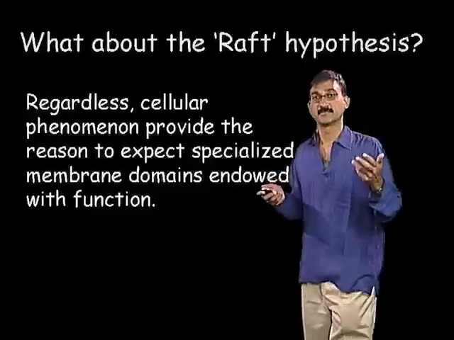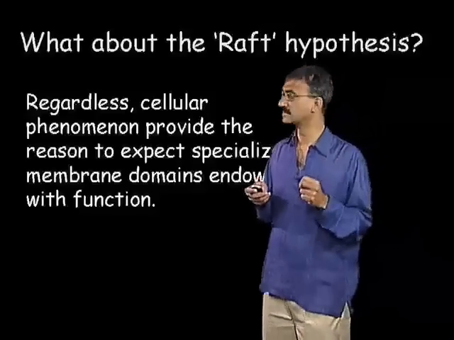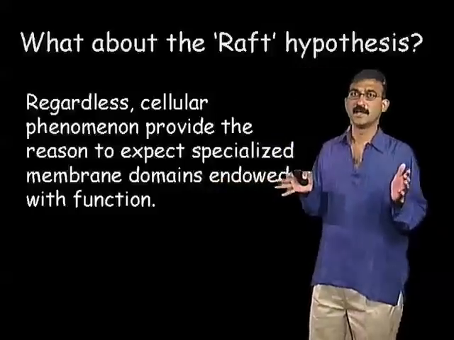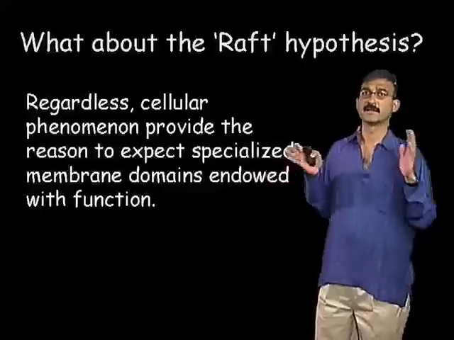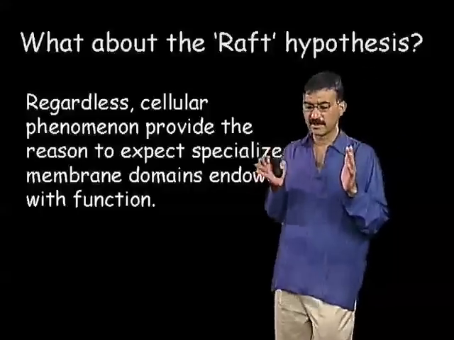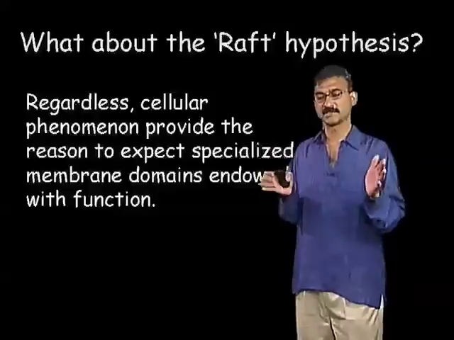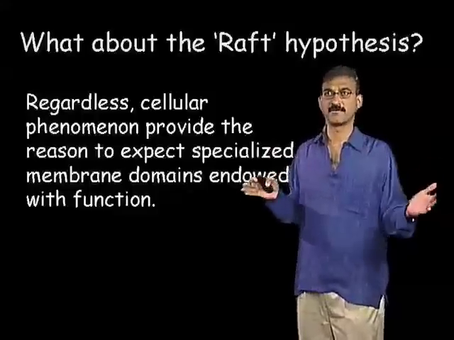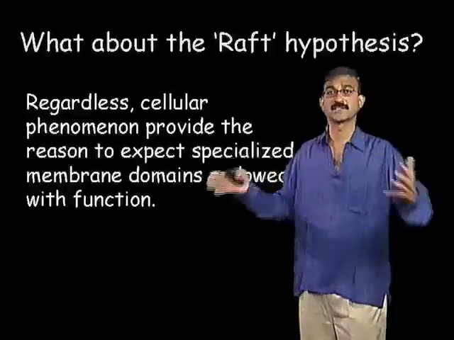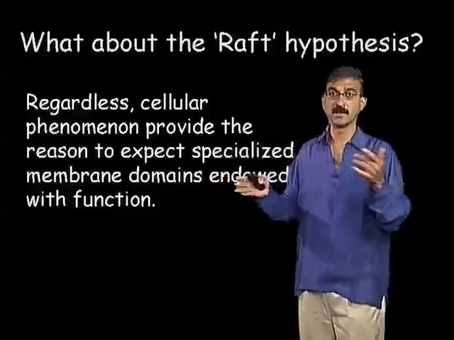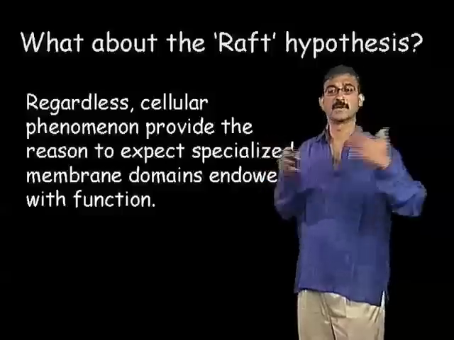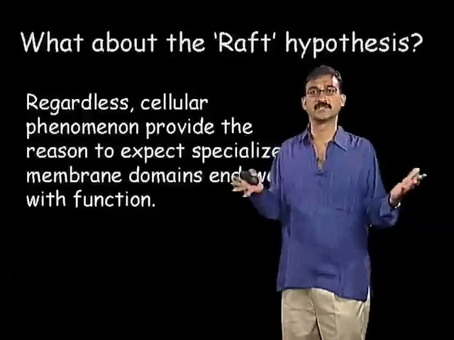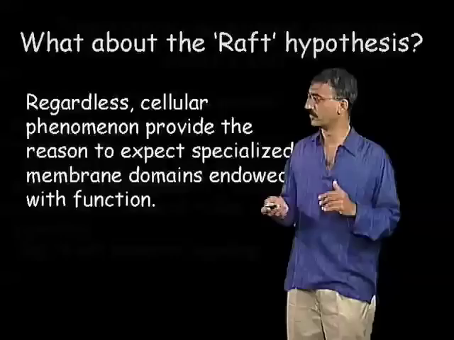And then where does this leave us in terms of the raft hypothesis? Here I think the cells are telling us a different story. The cells seem to be saying that there is a definite need and a reason to expect specialized membrane domains endowed with specific function, especially in terms of the sorting and segregation of components in the membrane to deliver components to different aspects of the cell surface, to engage with signaling across the bilayer of lipid-anchored components.